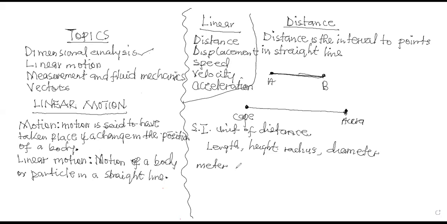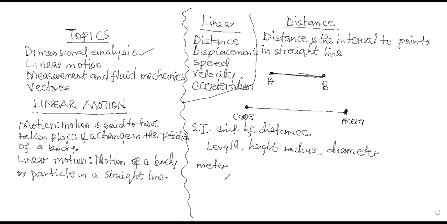When you move from Peking in Ghana to Peking in China, it is used. If you move from Brekum in Ghana to Beijing in China, it is used. So SI units are universally accepted units of measurement. So for distance, its accepted unit is the meter.